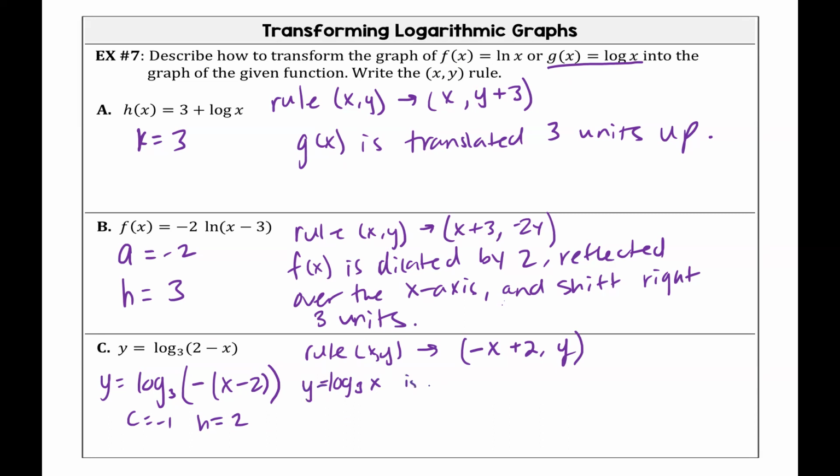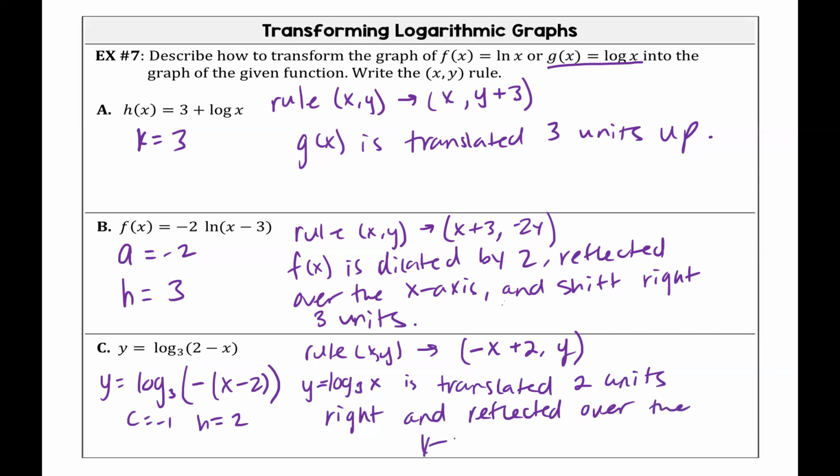is translated or shifted, whichever word you want to use. It's translated 2 units right and reflected over the y-axis.